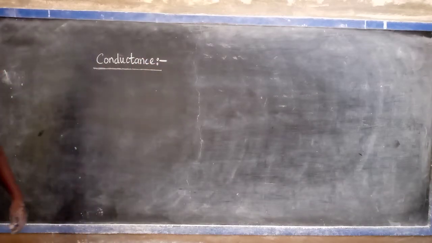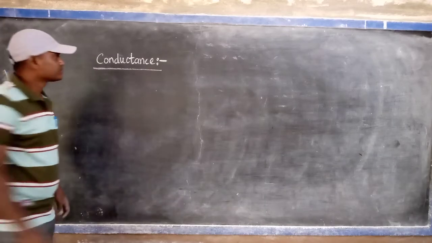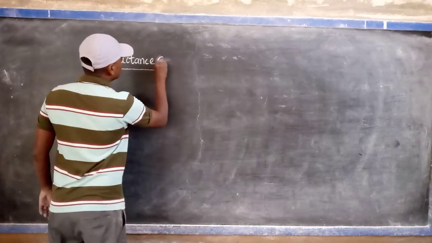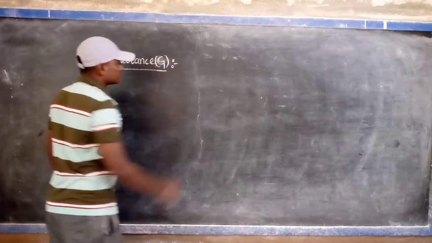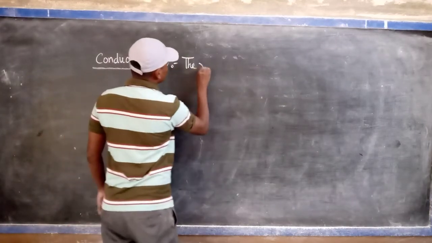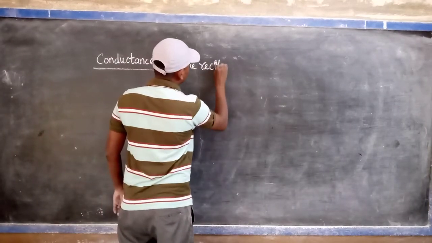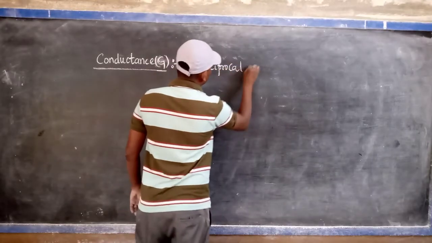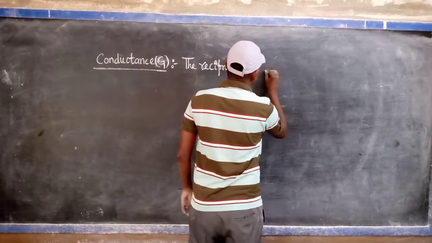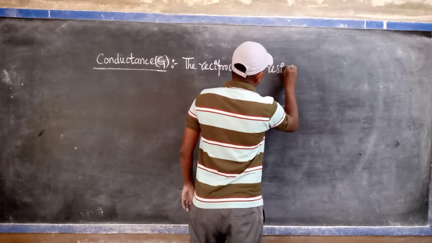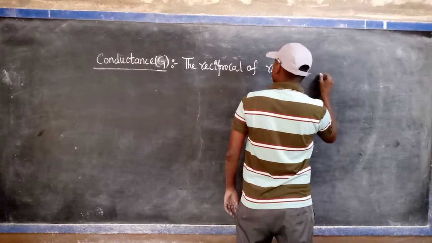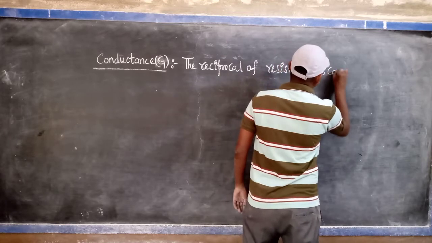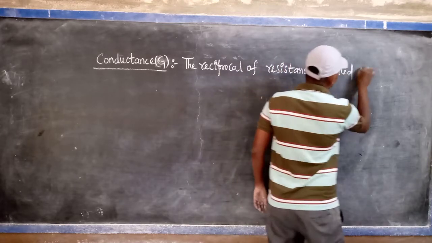Next we will discuss conductancy. It is given by the symbol G. The reciprocal of resistance is called conductancy.